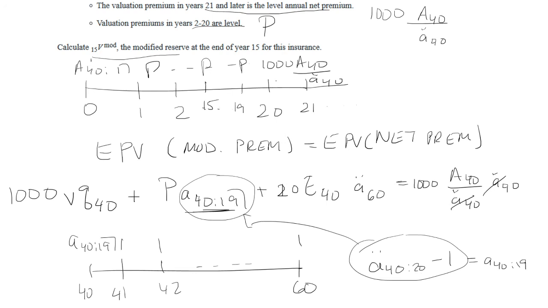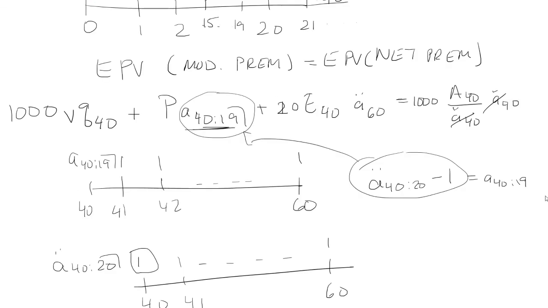We're discounting it back to year 15, because we're looking at the modified reserve at the end of year 15. So everything needs to be discounted back to 15. The premium from 15 to 19 will not need to be discounted, but the premium for 20 and over, or 21 and above, will need to be discounted back 5 years.